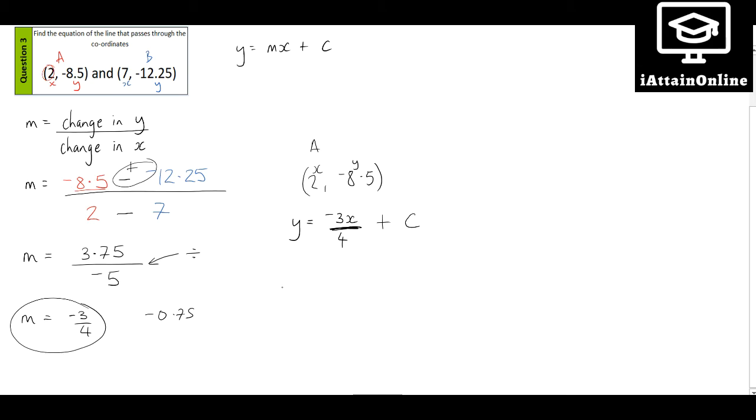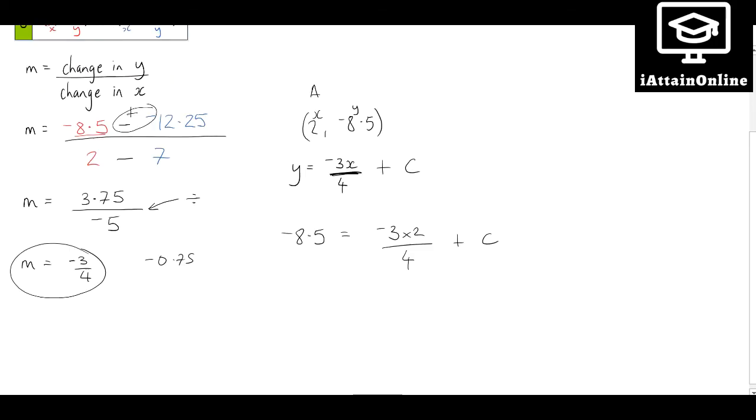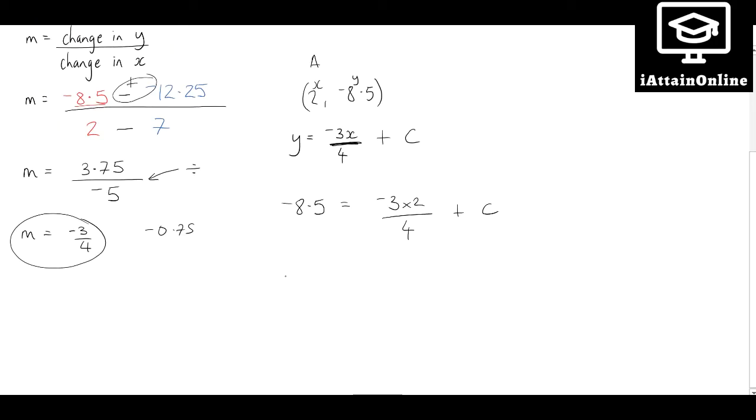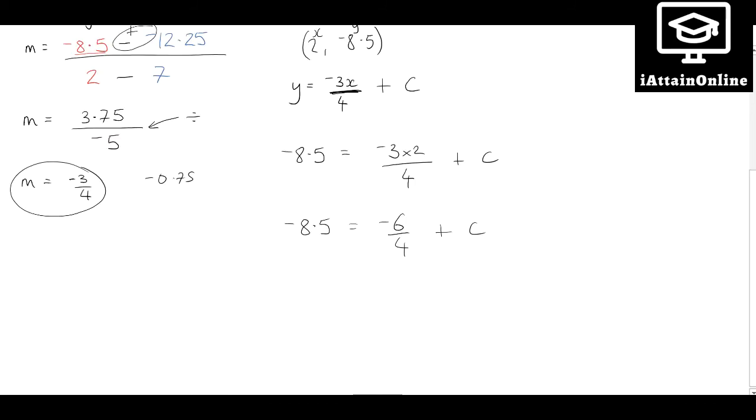So plugging these values in, instead of the y I'm going to use negative 8.5, instead of the x I'm going to use 2, divide that by 4, and then add c. Okay, so tidying this a little bit, negative 8.5 equals negative 6 over 4 plus c.